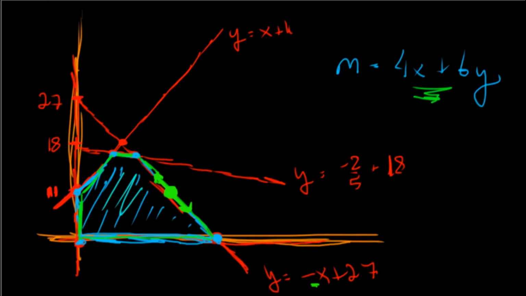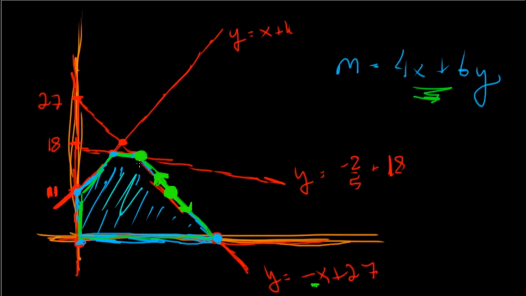Likewise, as I move up the line, I'm decreasing 4 for every unit, but I'm increasing 6 because of the y going up 1. So moving up this line results in a larger m value. Moving down the line results in a smaller m value. So none of these points can be the answer, because I can always go up this line a little bit more until I get to this point right here.